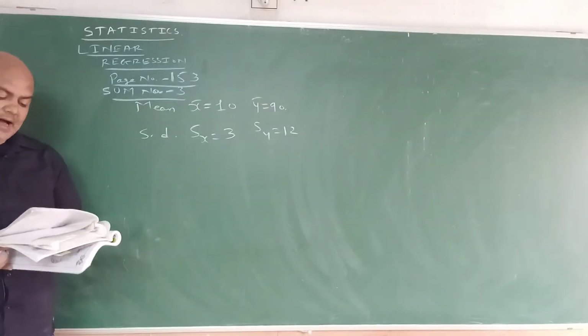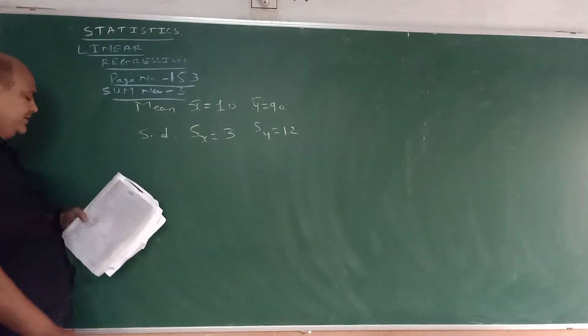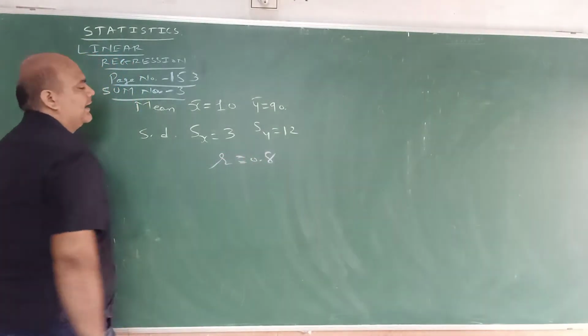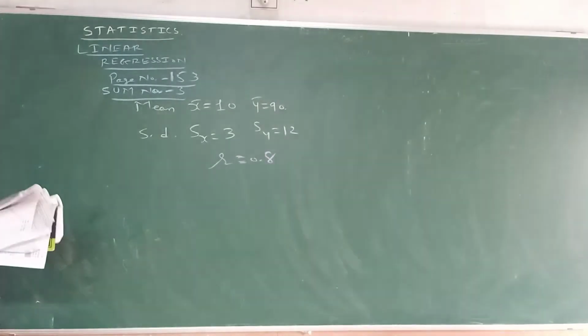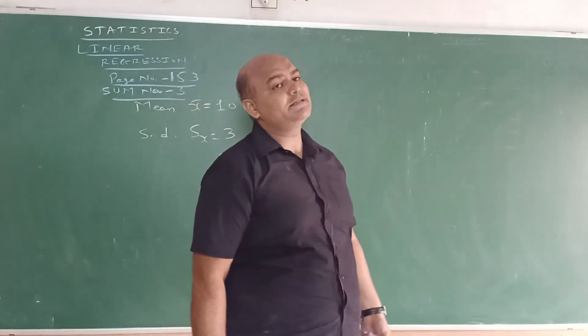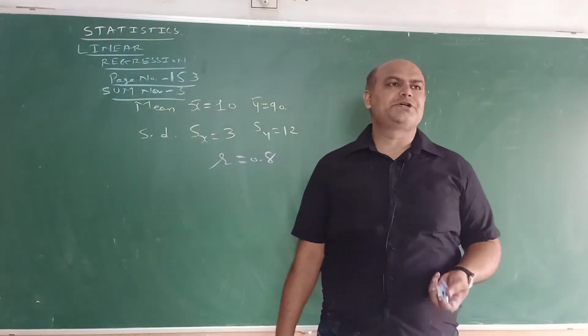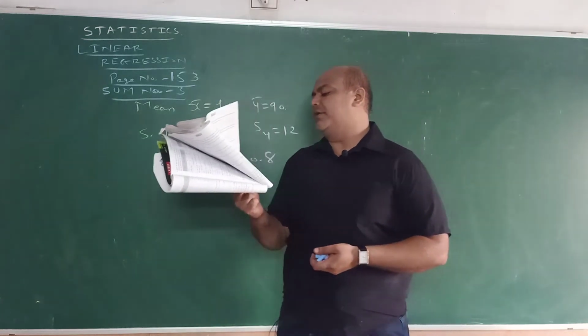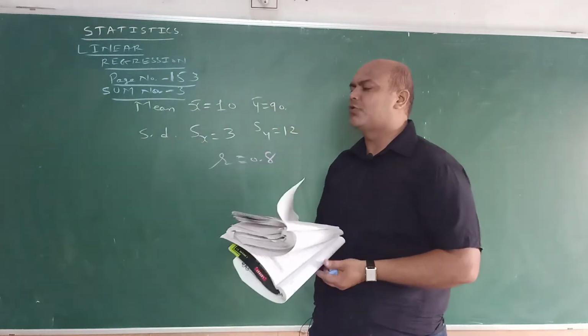Now they provide r, that is 0.8. r is 0.8. It means the correlation coefficient r is provided in the question. The question is: obtain the regression line of the sales on the advertisement cost.